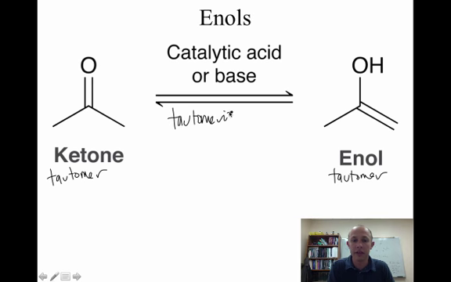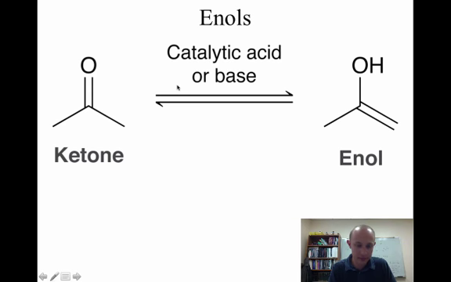As we've seen in the past, if an enol is formed, like from hydration of an alkyne, that can rapidly tautomerize to form the ketone, and this can happen under acidic or basic conditions, as we're going to see.